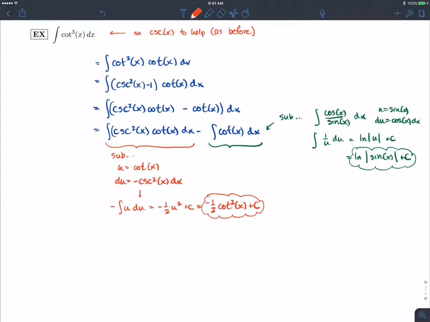They both involved u sub, and now we're able to summarize our final answer as negative 1/2 cotangent squared of x minus the ln absolute value of sine of x plus c.